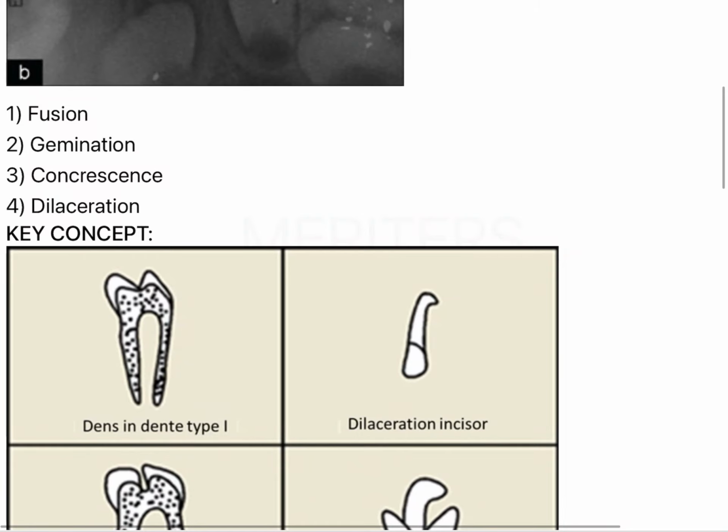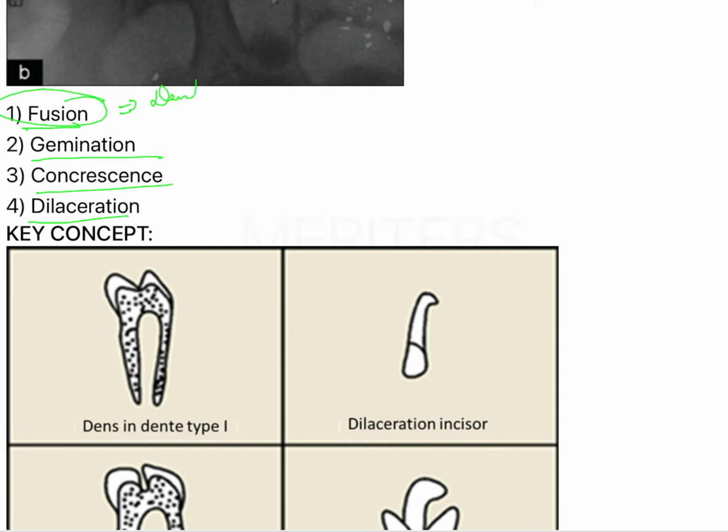So let's see what the options are here: fusion, gemination, concrescence, and dilaceration. Fusion is nothing but 2 teeth which are completely formed and generally fuse with each other through dentin. Most of the time they are fused with each other with dentin, and they have 2 separate root canals, and that can help you identify this particular anomaly.